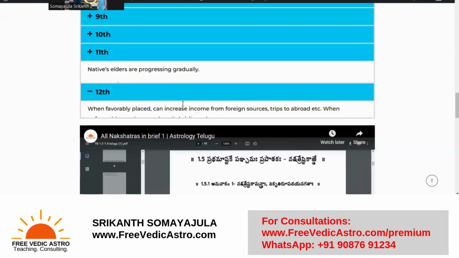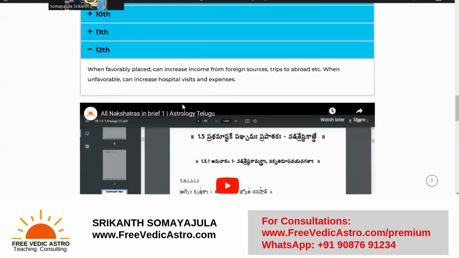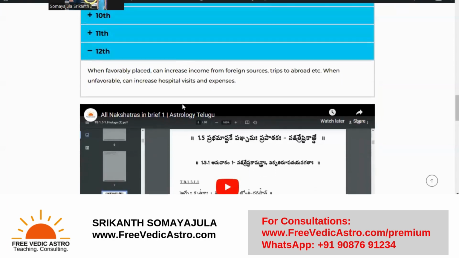12th house, as everybody would know, is about the person's mantra siddhi, and a lot of spirituality can also increase from the 12th house. Be careful not to lock your minds with the wrong karakatwas or wrong significations for the 12th house.